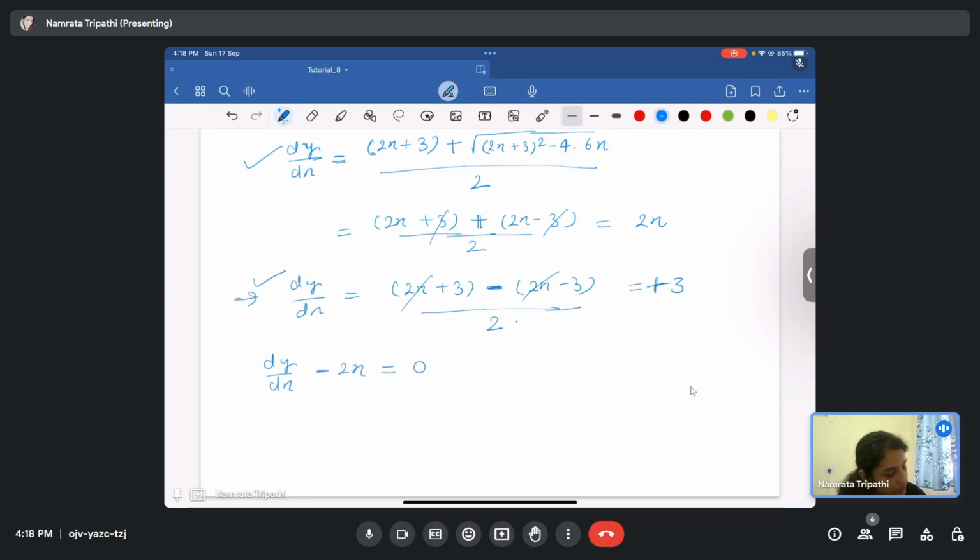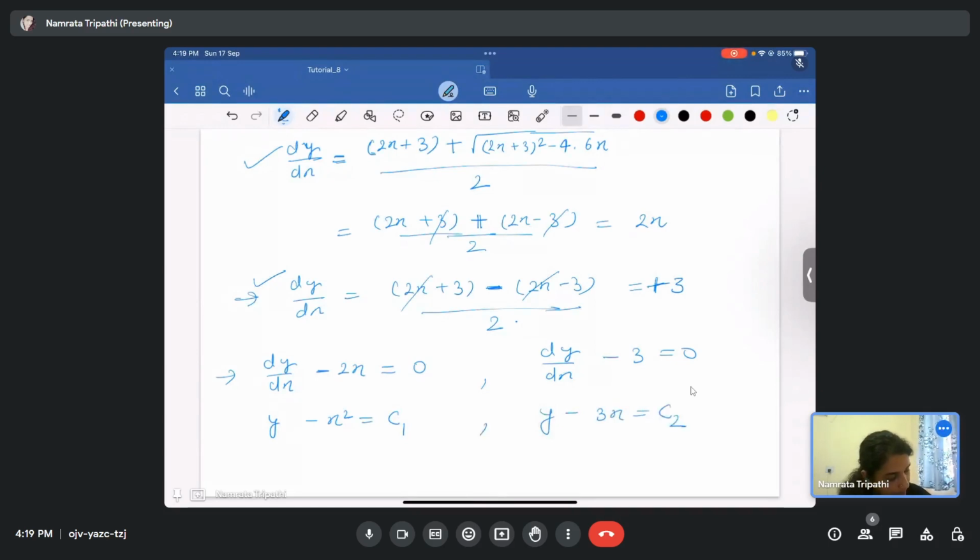From 1, you will get this characteristic equation and you can integrate it. Then you will get y minus x square upon 2, 2 cancel, and here y minus 3x is equal to C2.